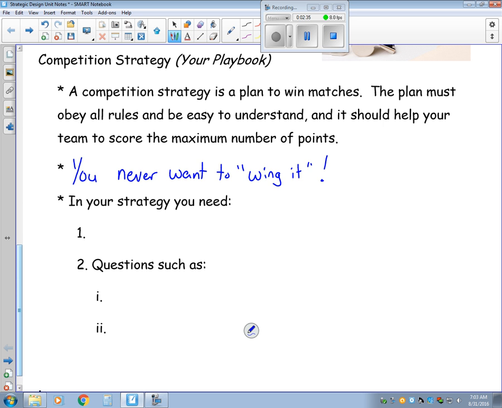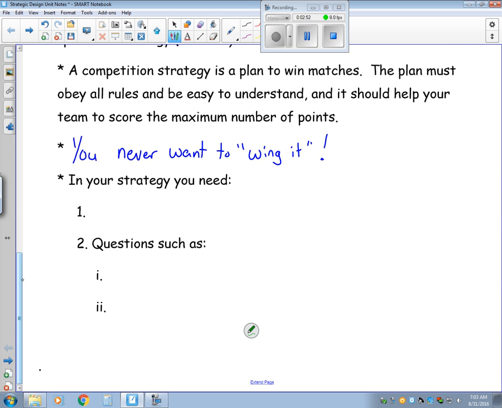You want to know exactly what you're going to do before you do it. You want to know exactly which piece you're going to go for first. You want to know exactly what your autonomous code will do, all that stuff.